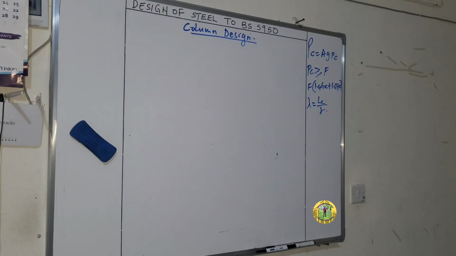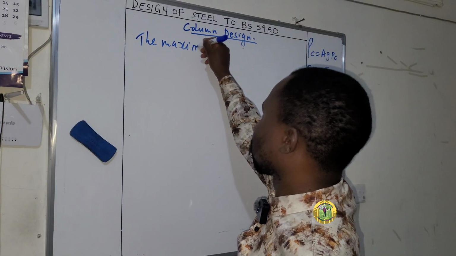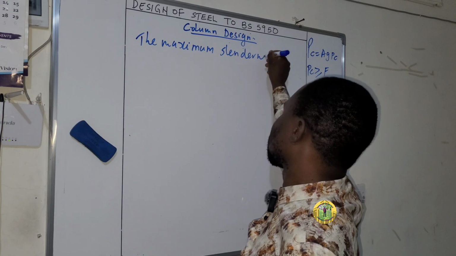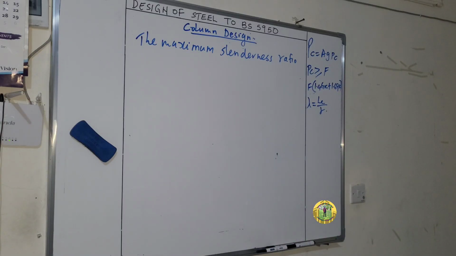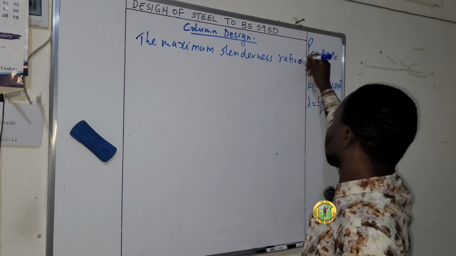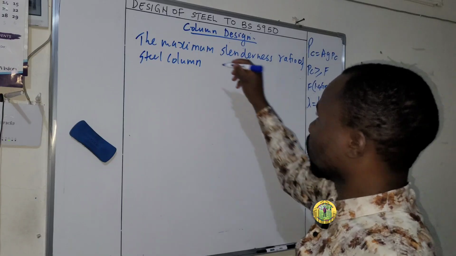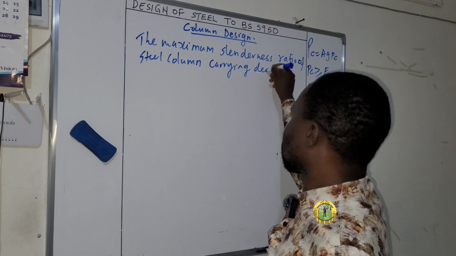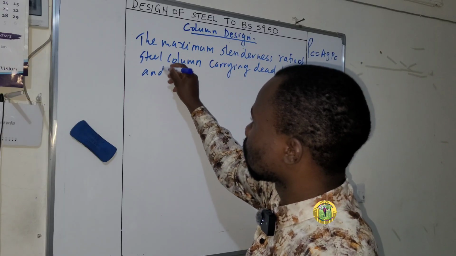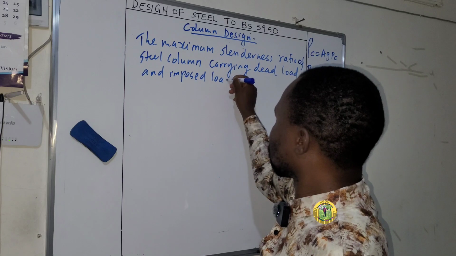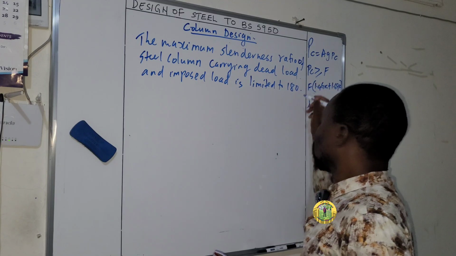So I have said that the maximum slenderness ratio of a steel column carrying dead load and imposed load is limited to 180.